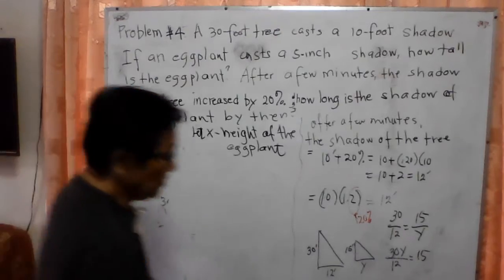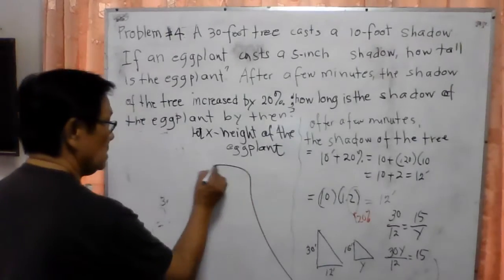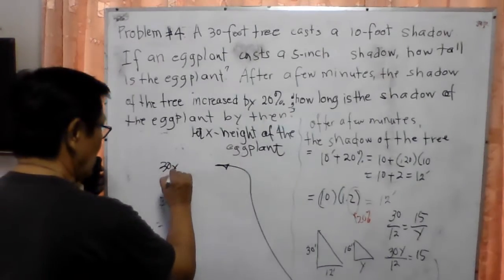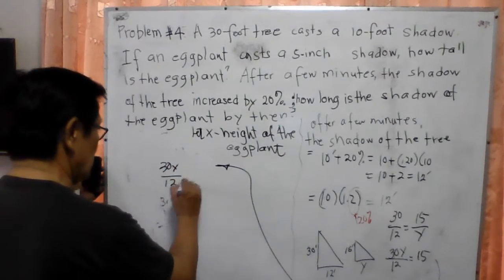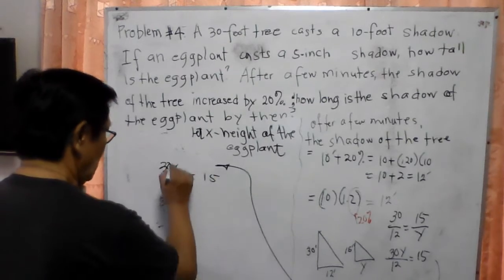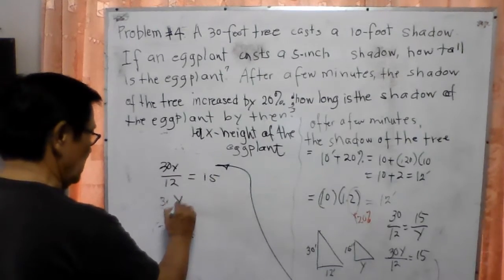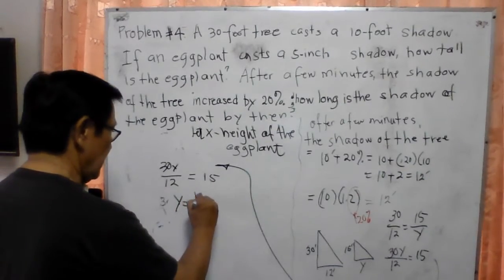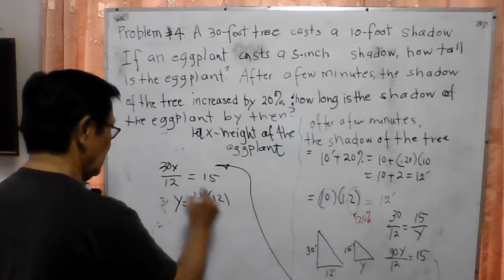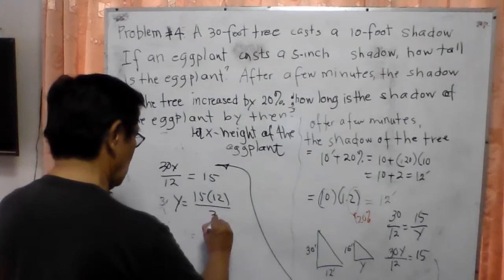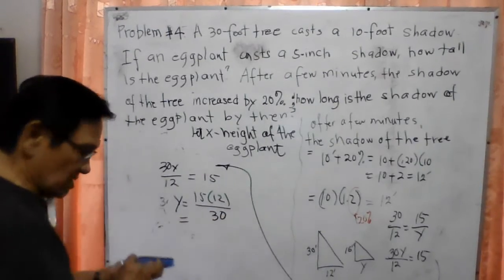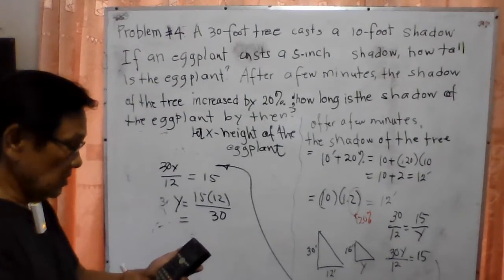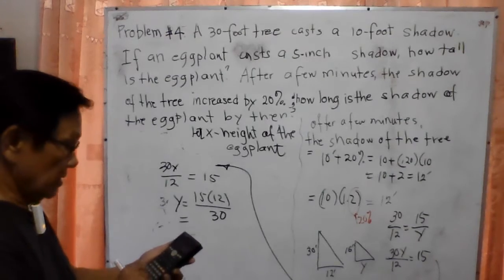So from here, you have 30 over y equals 12 over 15. If you want the y to remain here, this becomes numerator, 15 times 12. This becomes denominator. So 15 times 12 divided by 30.